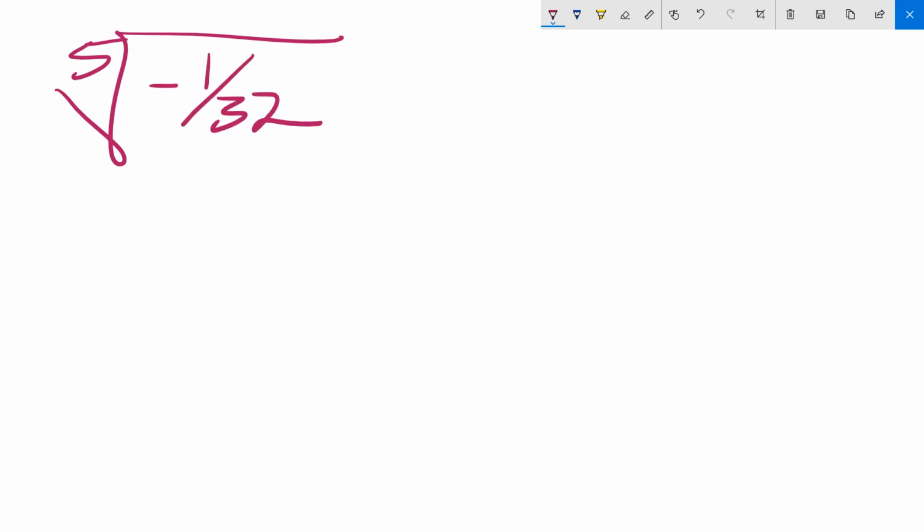Okay, what else? Fifth root of negative 1/32. Could I take an even root of a negative number? Can you take the square root of negative 1/16?